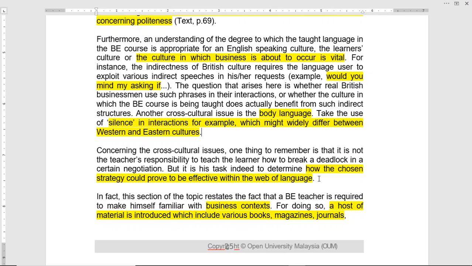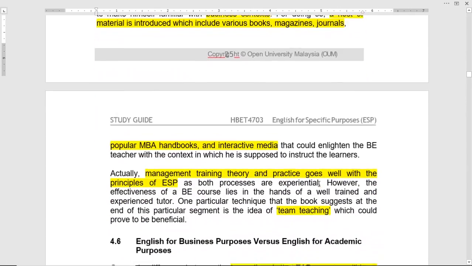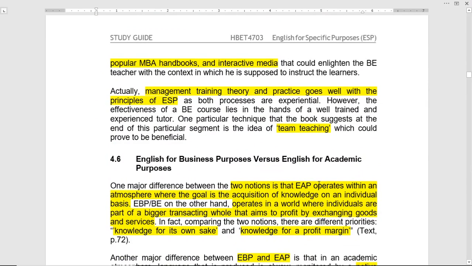Then, the business context should be taken into consideration. So, a host of materials is introduced, which include various books, magazines, and journals, popular Masters of Business Administration handbooks, not Masters, MBA, it could also be Management of Business Administration handbooks, and interactive media that could enlighten the business English teacher.